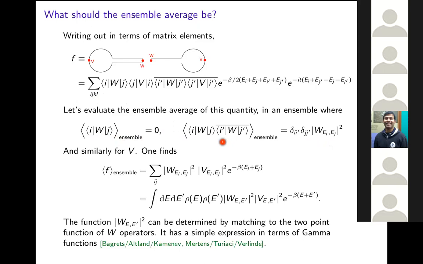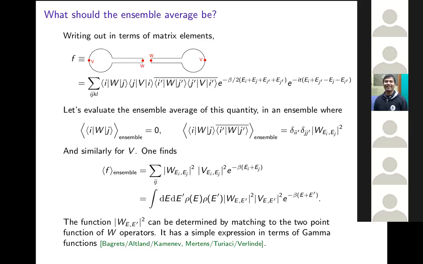But the difference is, if you actually did this sum over IJKL, the first statement, that the average of Wij is 0, is sort of like the ETH statement that the off diagonals are down by some e to the power minus S, or e to the power minus S by 2, kind of thing.